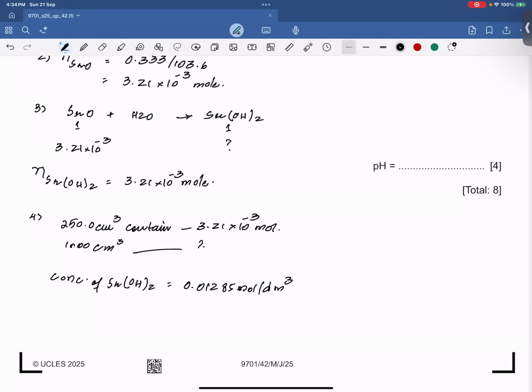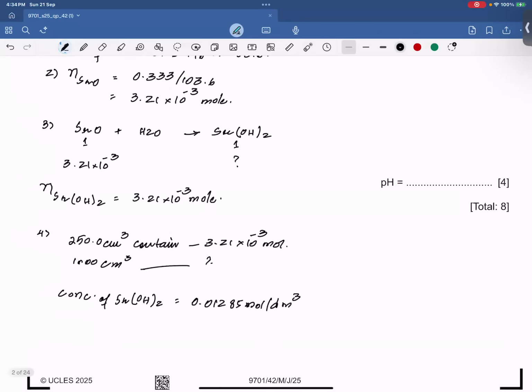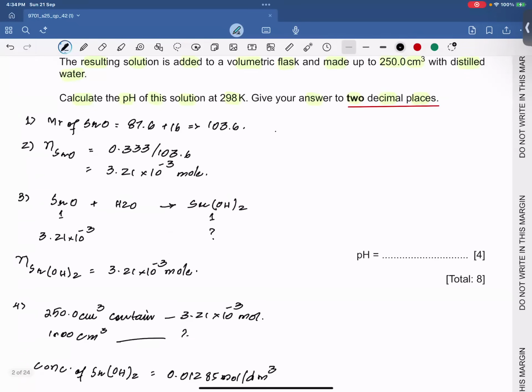All right. So let me ionize this strontium hydroxide in the next step. It will turn to a strontium ion and two hydroxide ions. Now this strontium hydroxide and hydroxide ion have a 1:2 ratio.